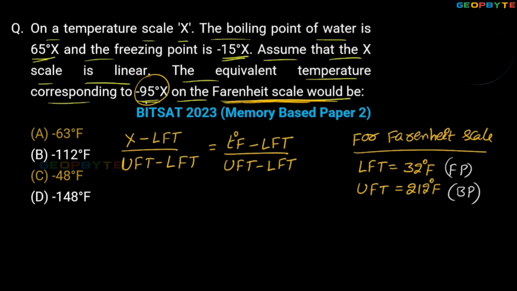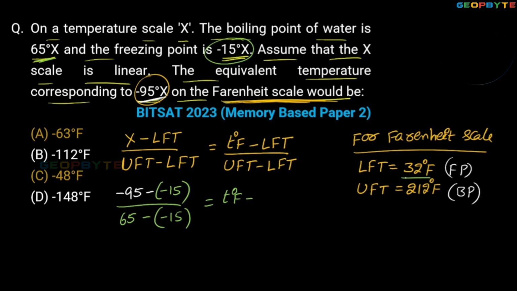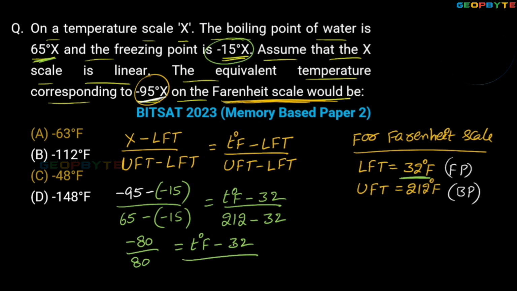We are asked the Fahrenheit temperature corresponding to minus 95 degree X. Therefore, minus 95 minus of minus 15, divided by 65 minus of minus 15, equal to thermometer reading in Fahrenheit minus 32, divided by 212 minus 32.